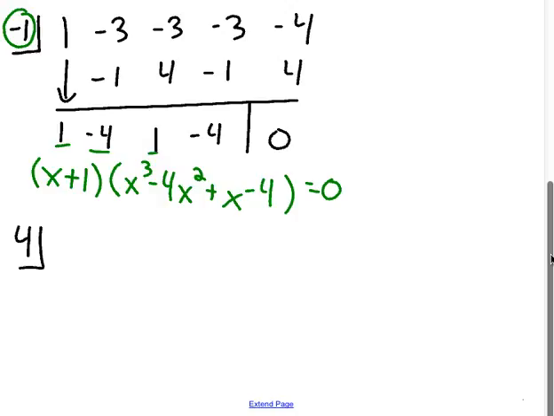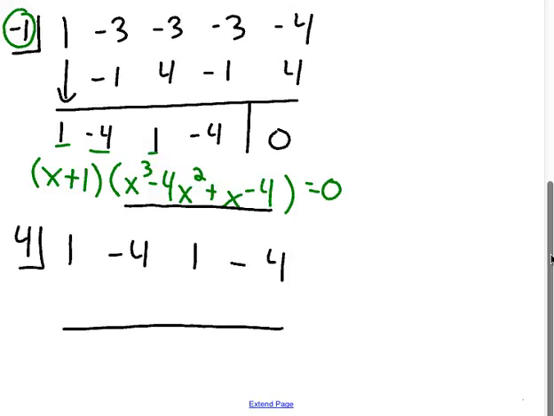Now, the trick to this is I want to continue simplifying this process, right? So I've already pulled out that x plus 1. So now my focus is I want to break this down, okay? So now I'm only synthetically dividing on that piece that I would like to break down, okay?